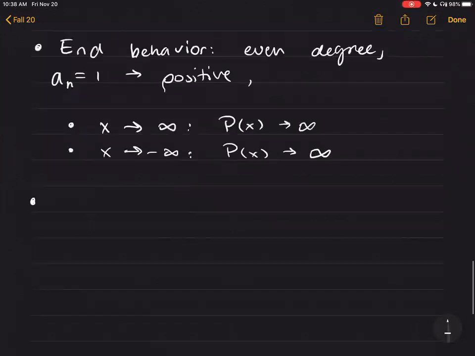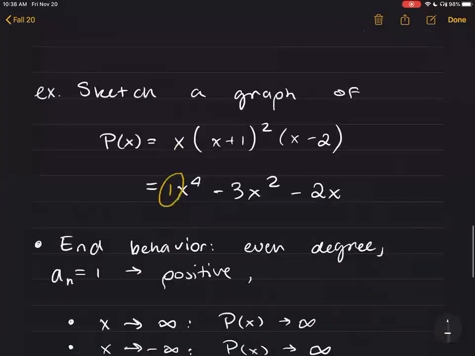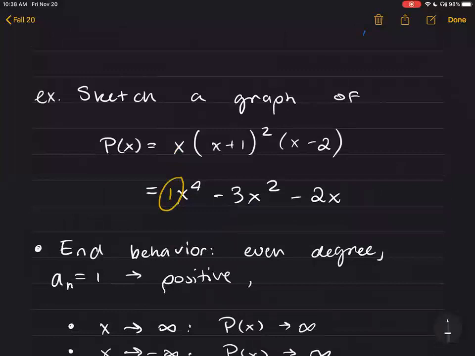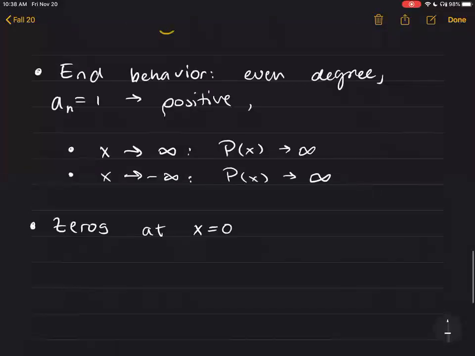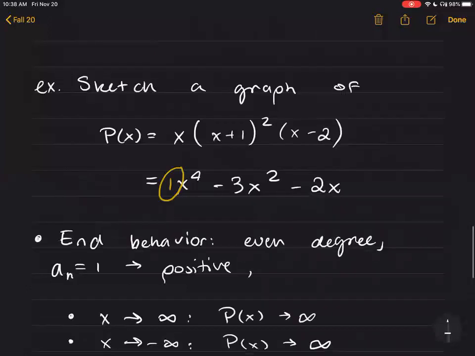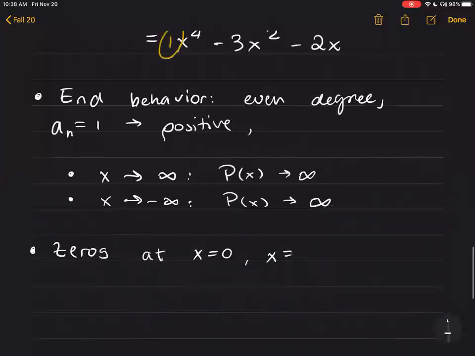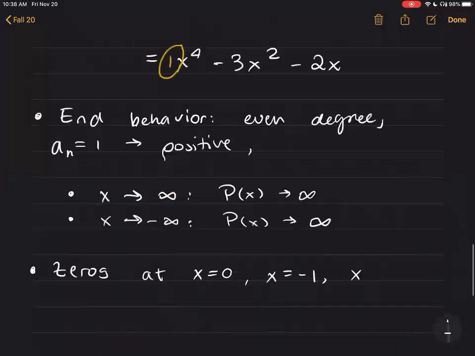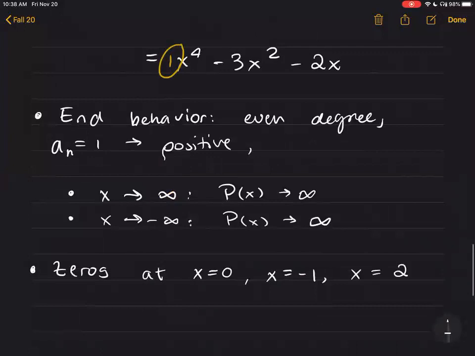But first, let's look at our roots. Our zeros are at, if we look back up here, the first one is x equals 0. And then the second one, we've got x plus 1, which means that the zero is going to be x equals negative 1. And lastly, we've got x minus 2, so the zero is going to be x equals 2.